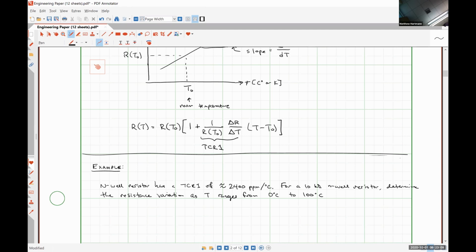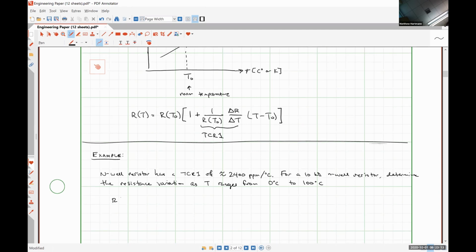All right, so the resistance at 0 degrees Celsius is simply going to be our nominal value of 10 kiloohms multiplied by 1 plus our temperature coefficient.